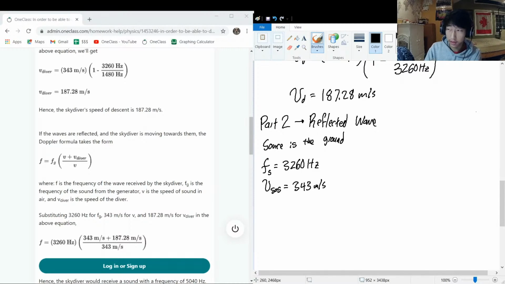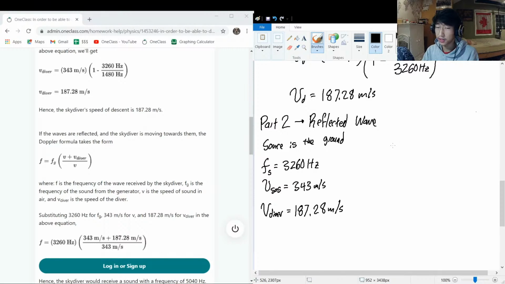And we know that the person is falling at 187, so V diver is equal to 187.28 meters per second.